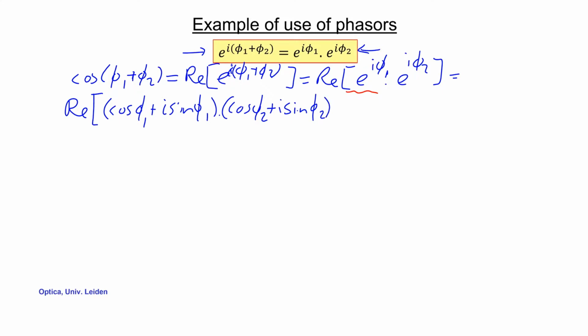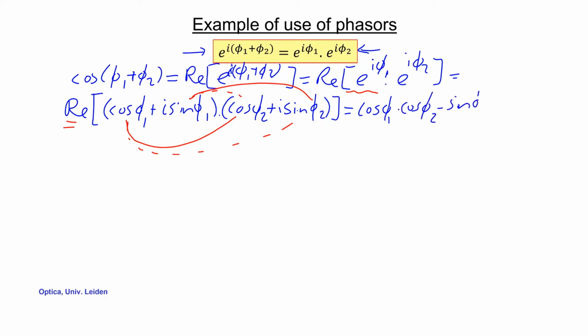And what we need is the real part of this quantity. So if you look at the products that appear, this one is real valued, this one is imaginary valued, so we don't care. This one is imaginary valued, and this one is real valued again. So if you rewrite this, you get cosine phi 1 cosine phi 2 minus sine phi 1 sine phi 2.